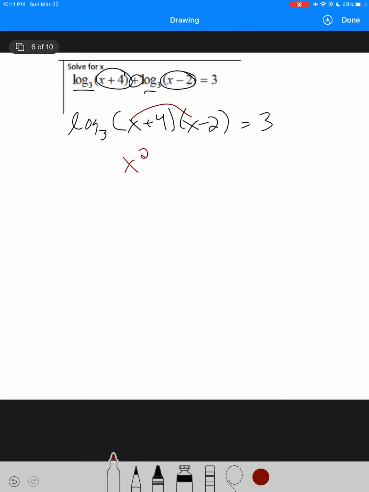So that times that is x squared, or box method. That times that is minus 2x. That times that is plus 4x. This times this is minus 8. And we can combine these two to give us 2x.